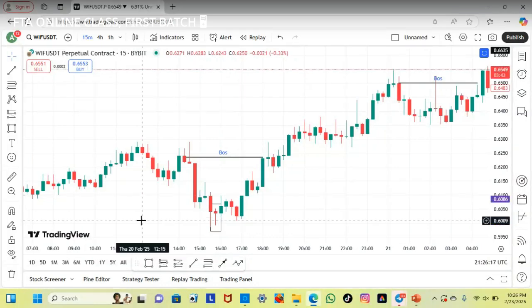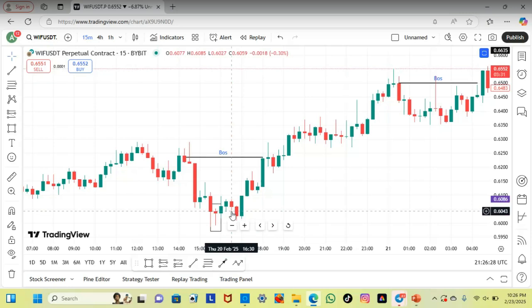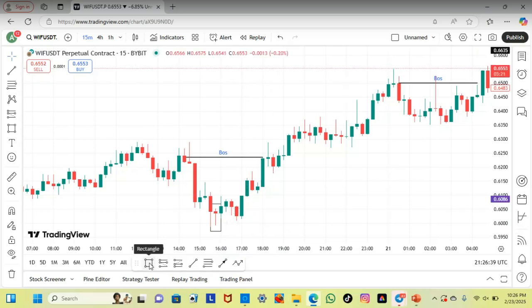So I've given you examples of the shooting star and the hammer. The next here is a bullish engulfing pattern, and you can also see it here. It's a second confirmation that this market is taking a reversal, taking its shape into a bullish trend. So let me put it on a rectangle so you see.